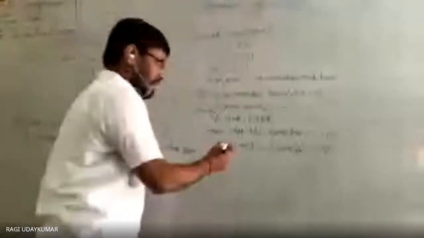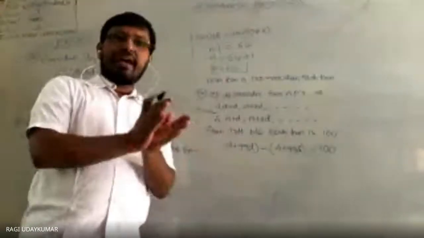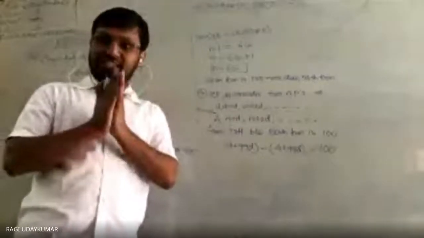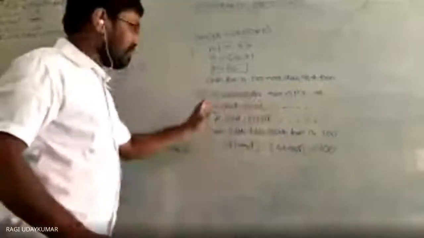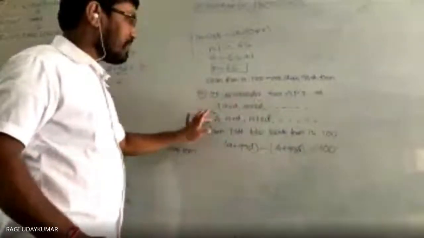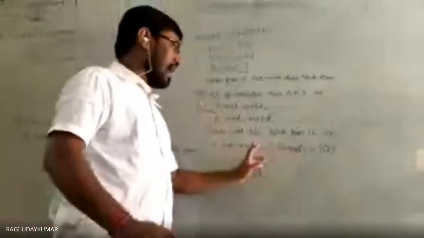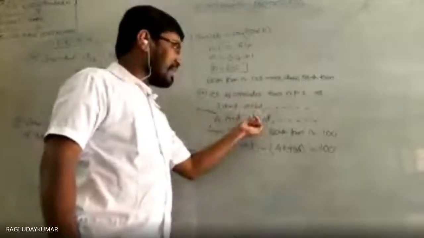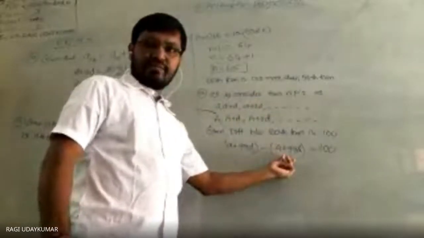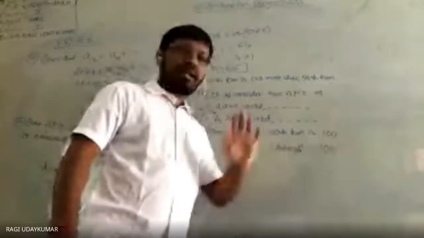Okay, we'll see here. The question is given: two arithmetic progressions have the same common difference. Common difference is the same, so here the common difference in both cases is D. But the first term, I have taken as a. Now the difference between the 100th terms: in this one the 100th term is a plus 99d, in this one also it is capital A plus 99d, and it is equal to 100, it is given.